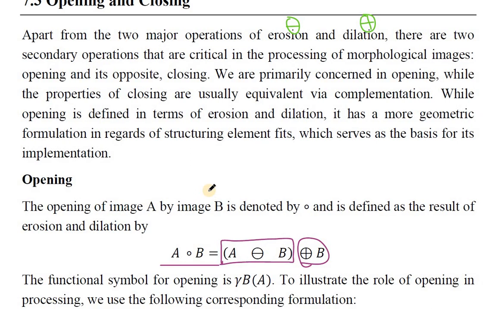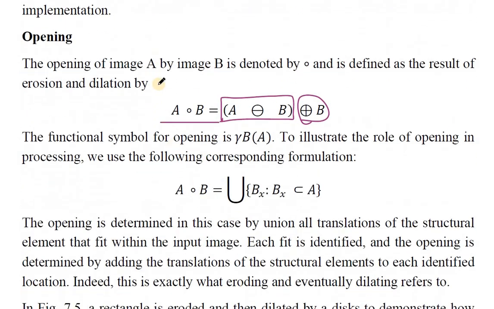Okay, so understand that just as erosion and dilation are opposite of each other, similarly opening and closing are also opposite of each other. Okay. And opening and closing are eventually defined in terms of erosion and dilation only. Okay.